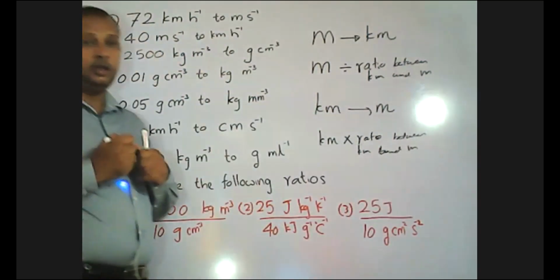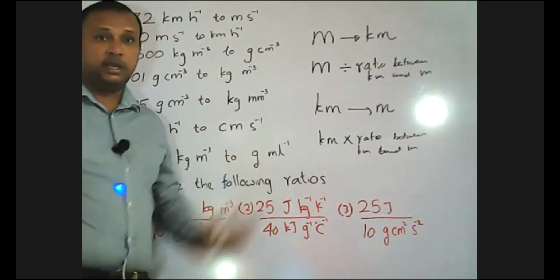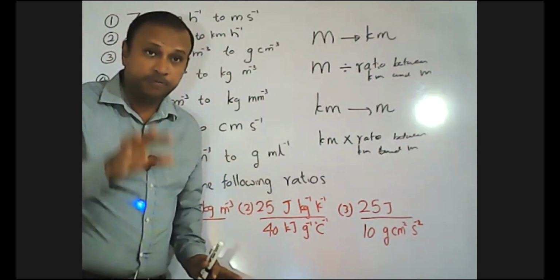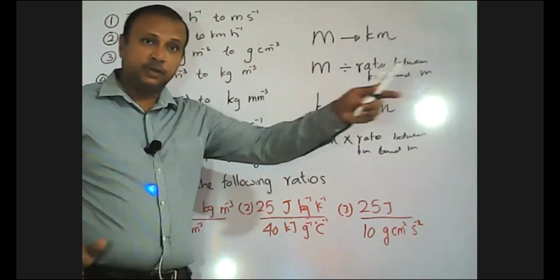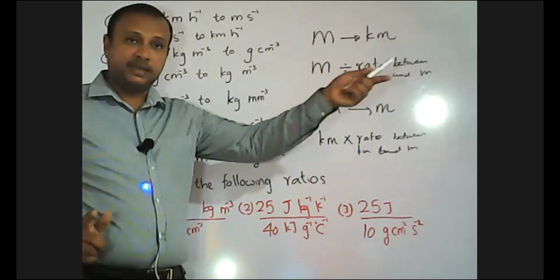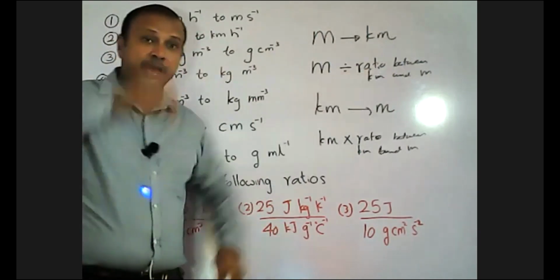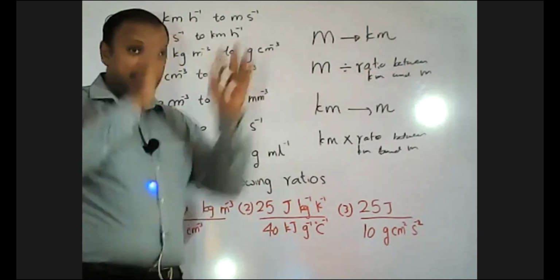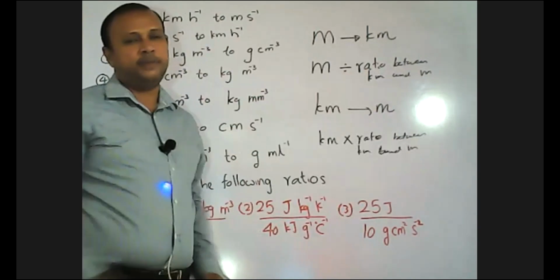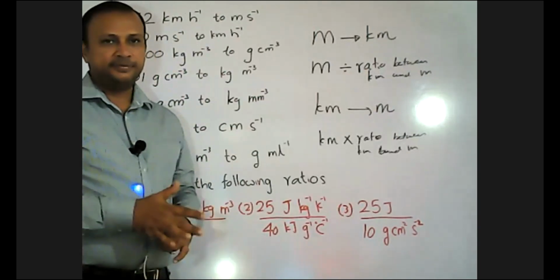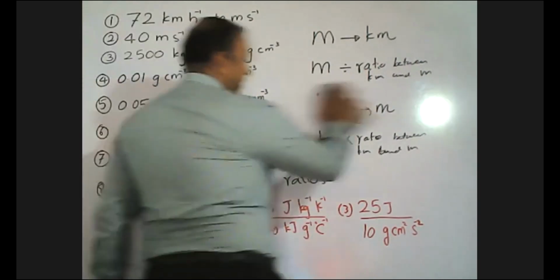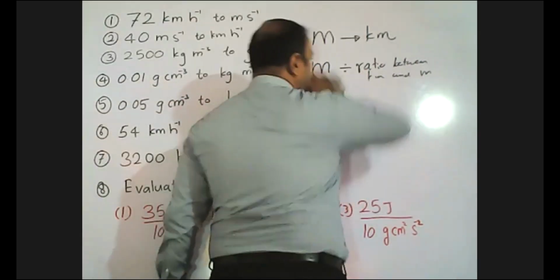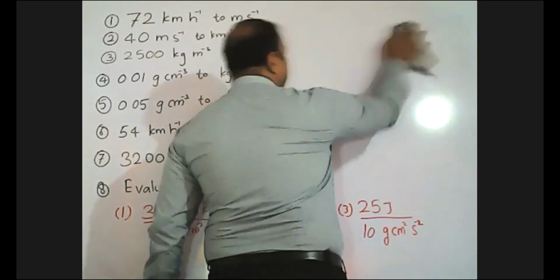You can think like this: smaller to larger, you have to divide. Larger to smaller, you have to multiply.